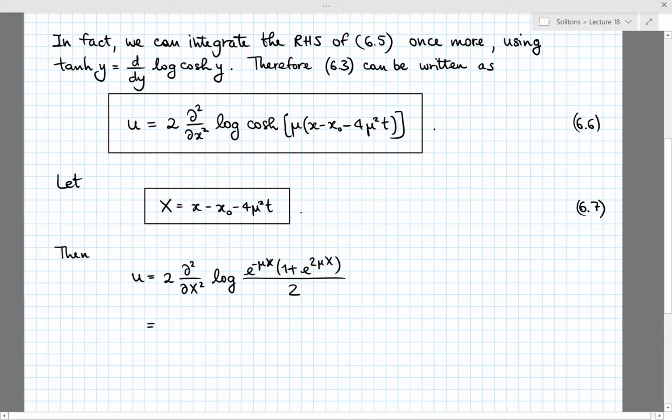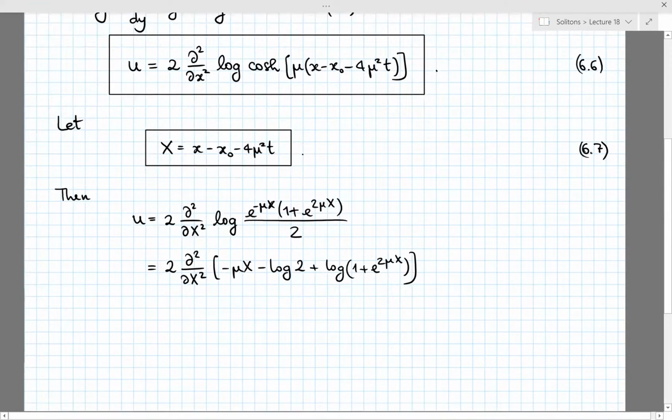Well, the reason is that the logarithm of the product is the sum of logarithms, so we can rewrite this as twice the second derivative with respect to capital X of the logarithm of e to the minus mu x, which is nothing but minus mu x, plus the logarithm of 1/2, which is minus logarithm of 2, plus the logarithm of 1 plus e to the 2 mu capital X. And now the first two terms that we take the derivatives of are linear in x, or constant in x, so they disappear when we calculate the second derivative.